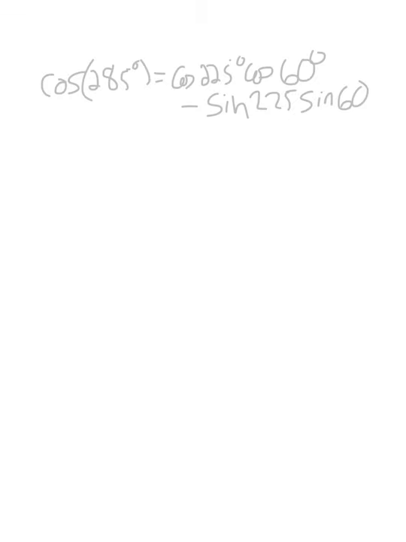So to get the cos, you use the formula from the previous page, so it's cos cos minus sine sine. Just plugging in, we got negative 1 over root 2 times 1/2, and then now we're going to get plus, because it's minus a minus, 1 over root 2 times root 3 over 2.